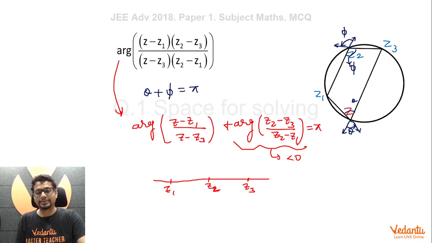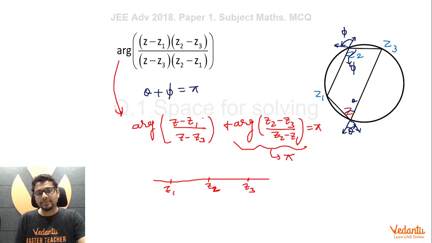So that means the ratio of them would be some negative real value. And argument of a negative real value is pi. So my bad, Z2 minus Z3 divided by Z2 minus Z1 is a negative real value. Argument of Z2 minus Z3 divided by Z2 minus Z1 hence would be pi.